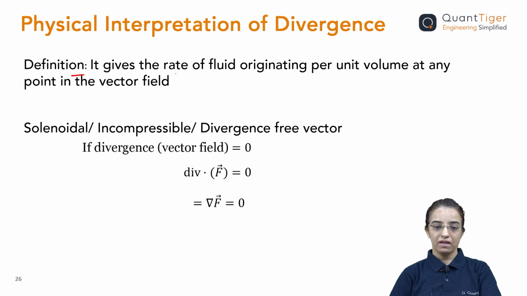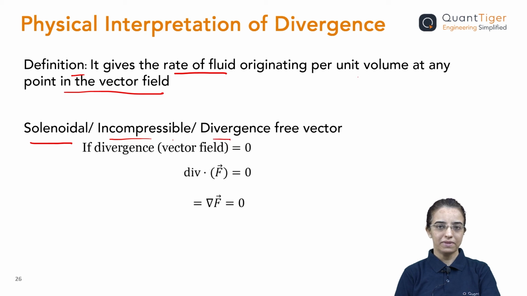So the same thing is put in the definition. It gives the rate of fluid originating per unit volume at a given point in a vector field. So this is the definition.